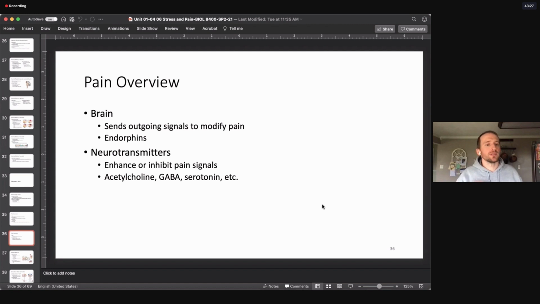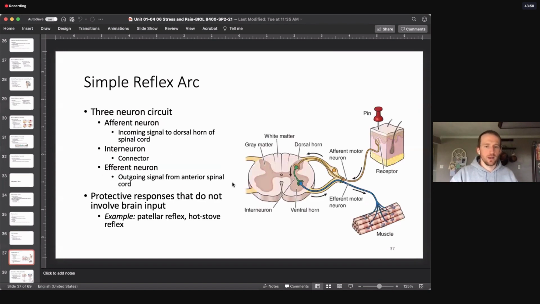Neurotransmitters send messages of pain, but they also can inhibit pain signals. So that's how those pain nerves in the periphery communicate to the spinal cord, which then communicates through the thalamus into the cerebral cortex. Some examples of neurotransmitters: acetylcholine, GABA, serotonin. They can be excitatory or inhibitory, depending on which we have.